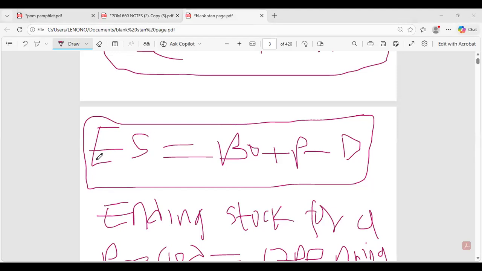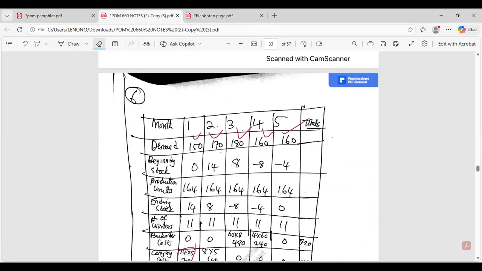So you add here, opening stock is 0 plus the production. So 0 plus 164. What is 0 plus 164? Do you know why we're adding 0 plus 164?